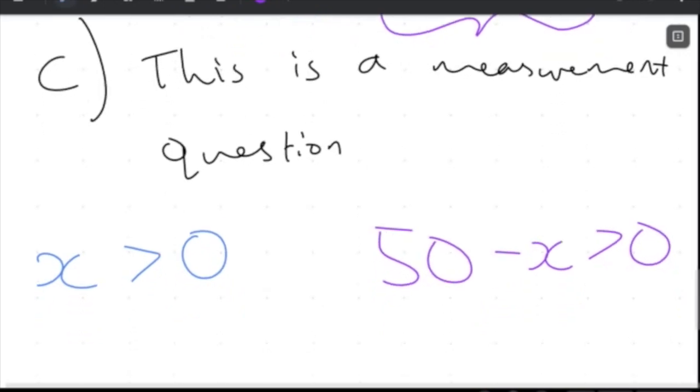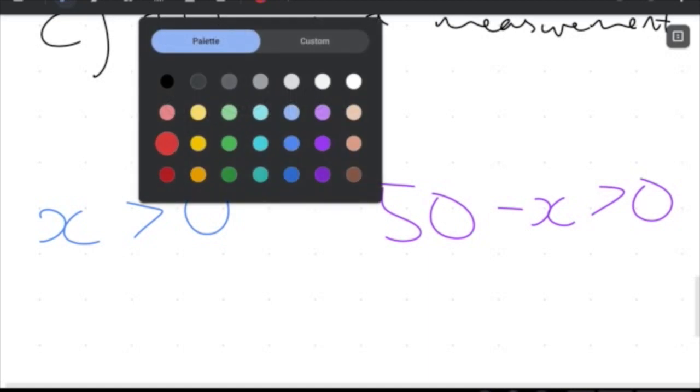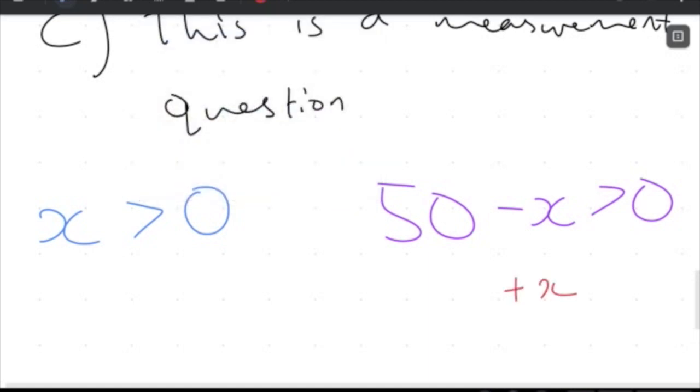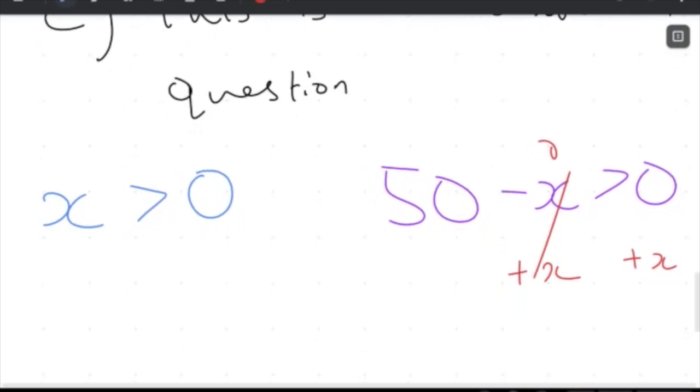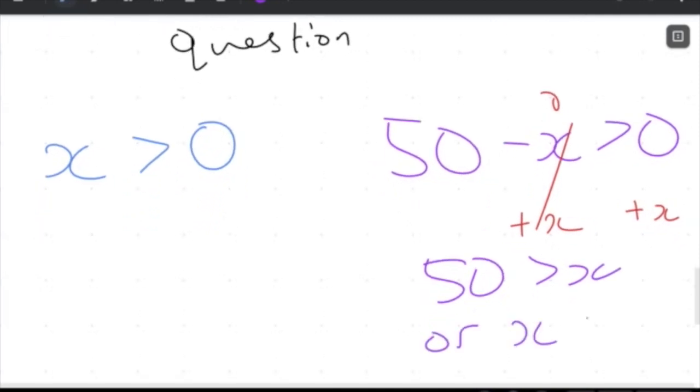So we want to just fix up this inequality on the right here that we need to solve. Let's add x to both sides here to get x on its own. And this gives me that 50 is greater than x, or x is less than 50.